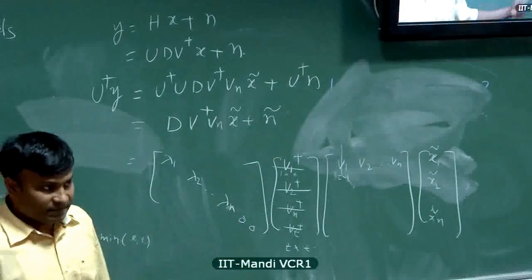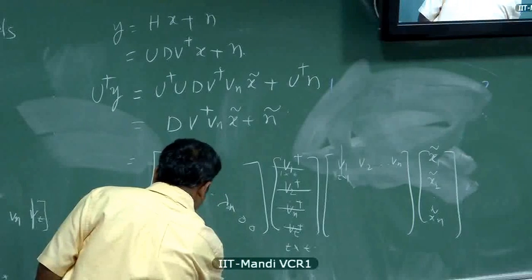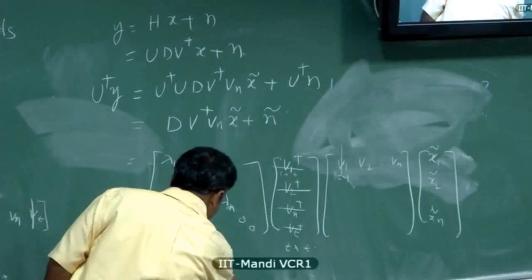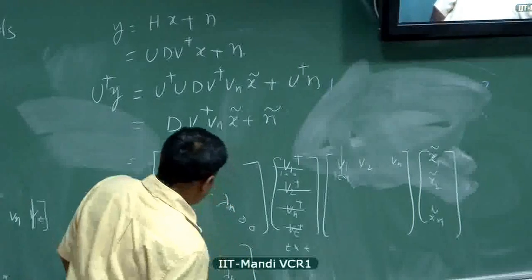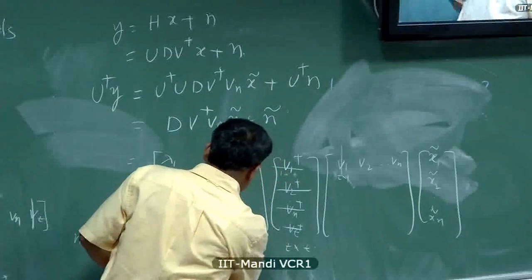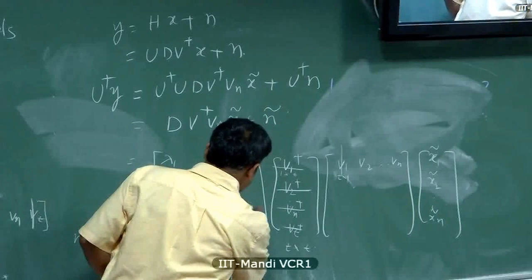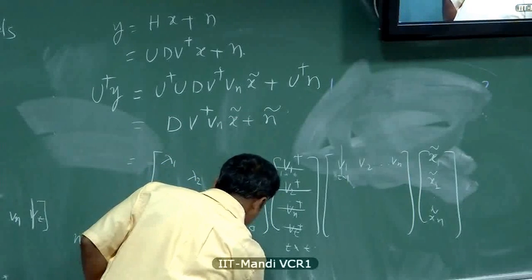It's orthonormal, it's scaled. So what we get here is lambda 1, lambda 2 up till lambda n, and then all zeros. It's not lambda n, but it's lambda min(r, t).